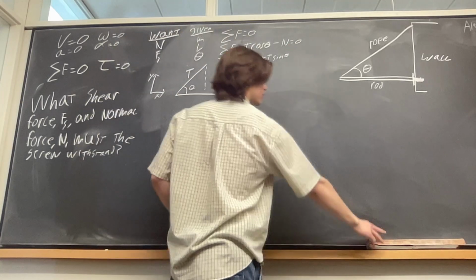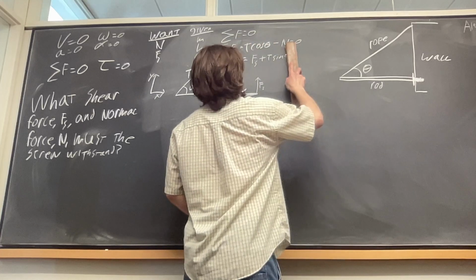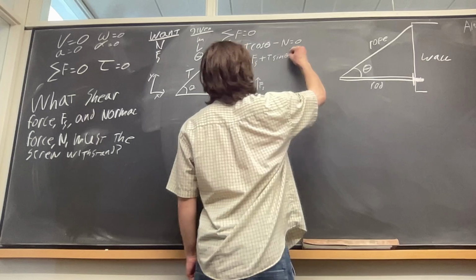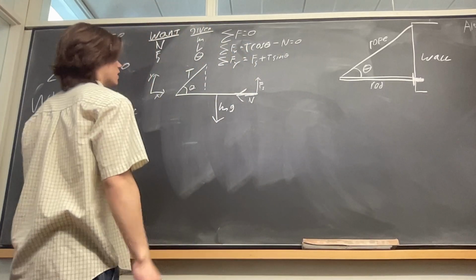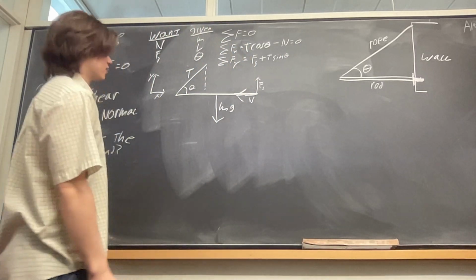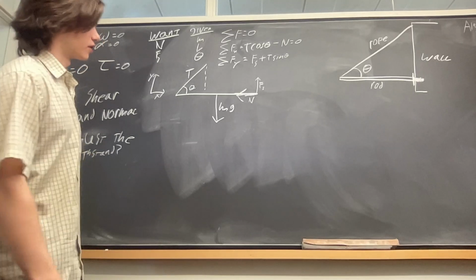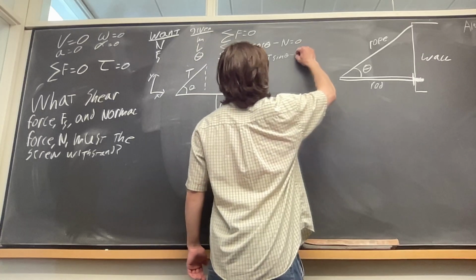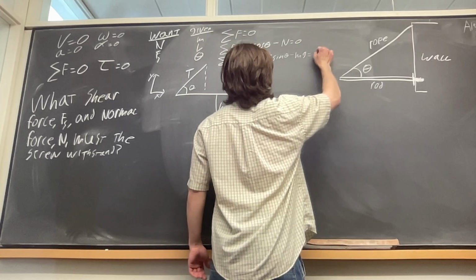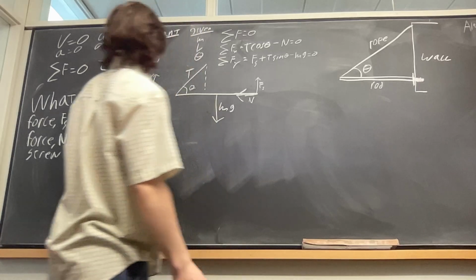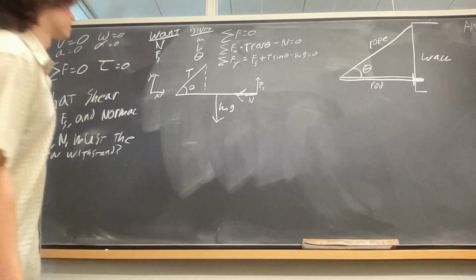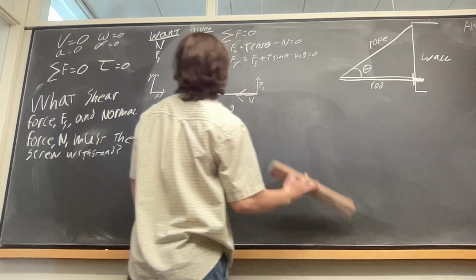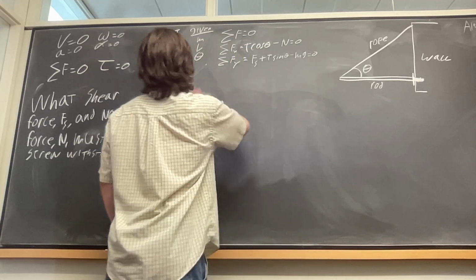A pretty bad theta. Hold on. I'm not using the best chalk here. T sine theta, and then the only y component force that we have going in the negative direction is mg. So I'll put minus mg at the end, and that's also equal to zero because static equilibrium means net force equals zero. So we're going to circle back to those later. I just want to have those written down because I'm going to be erasing this force diagram.